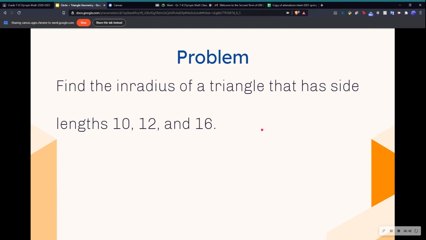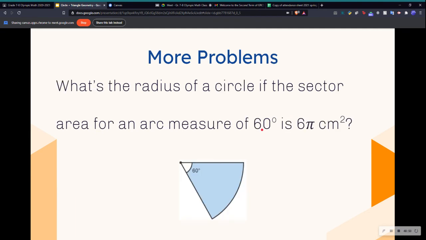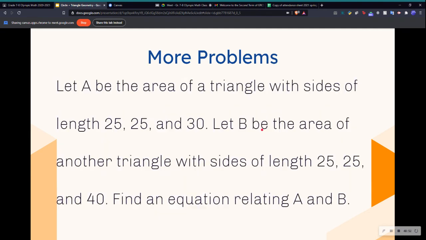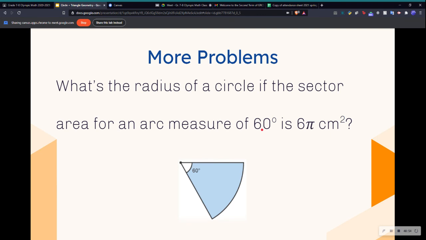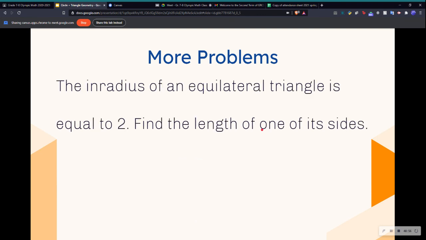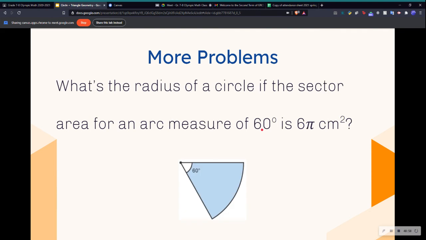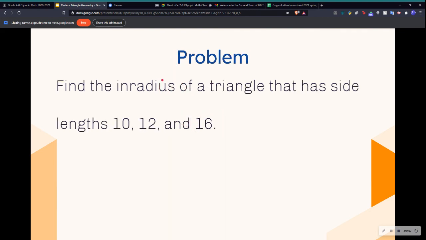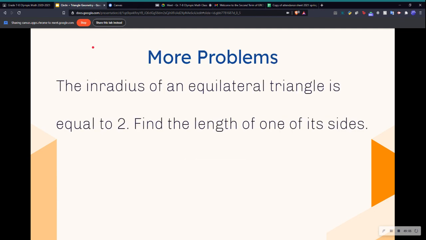All right, if there are no questions, let's go on to a few more problems. I have 4 problems actually right here, but we're only going to do a few of them. All right, let's do this one. So the inradius of an equilateral triangle is equal to 2.